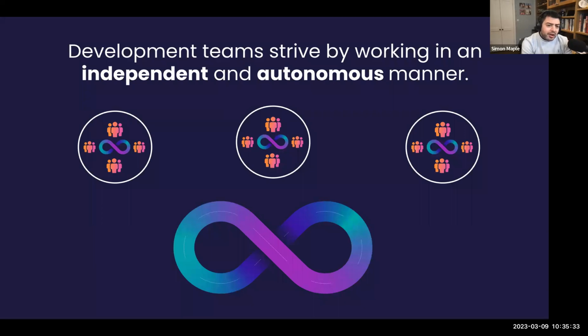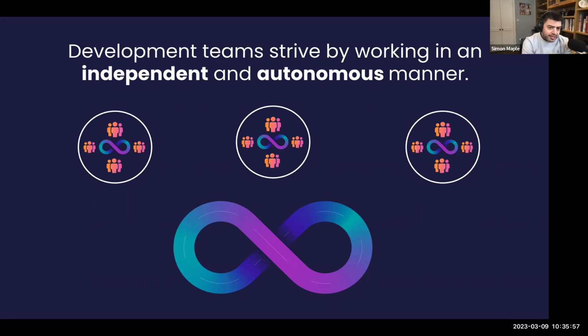And every time that a developer in that team needs to reach out or request something of another group or part of the organization, that's overhead, and that causes friction and can be frustrating and can cause pain for the development team. So a development team wants to work in that DevOps independent, autonomous team as frictionlessly as possible.